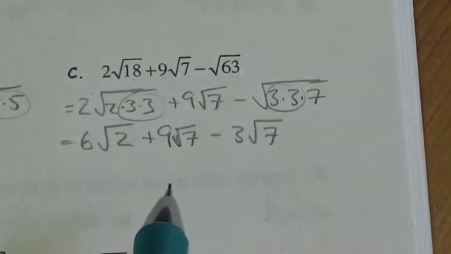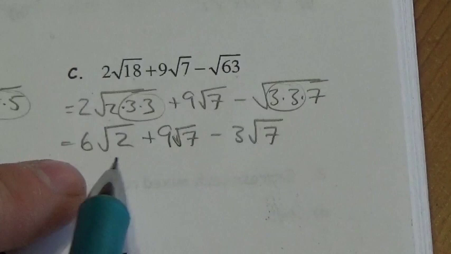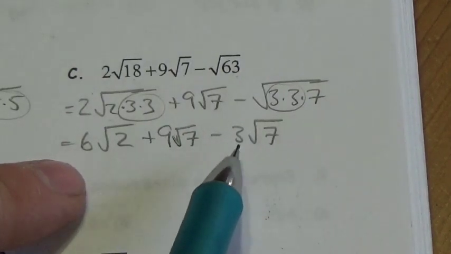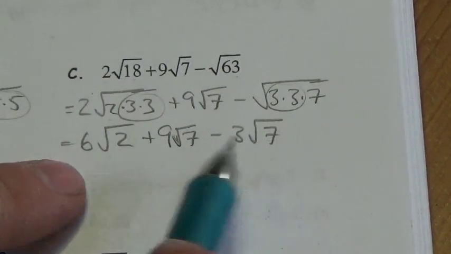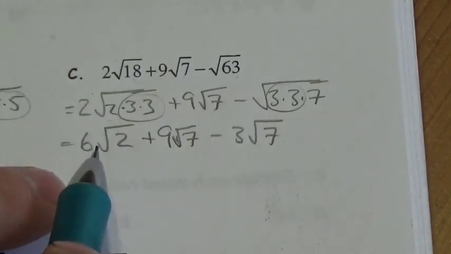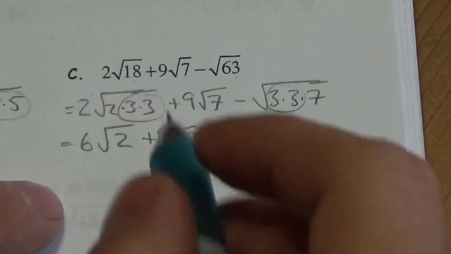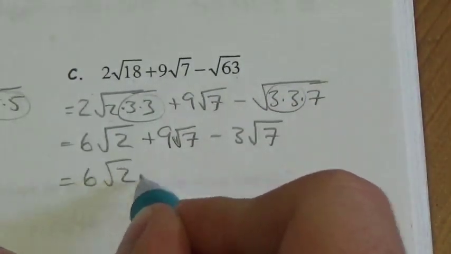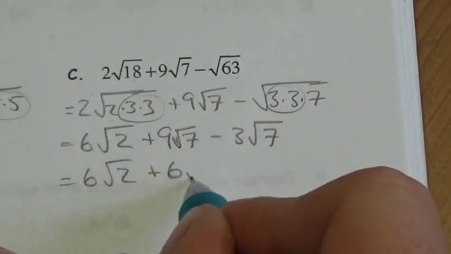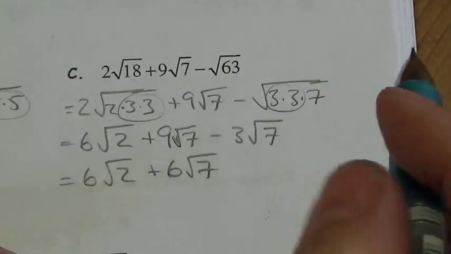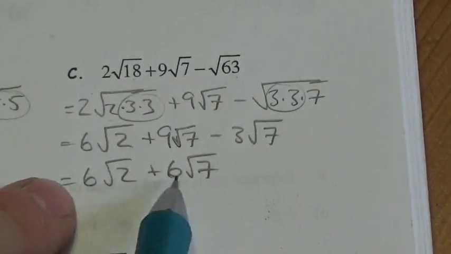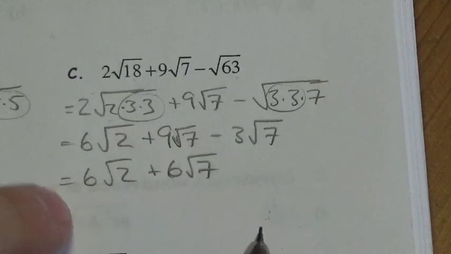So look what this is saying. 6 root 2's plus 9 root 7's minus 3 root 7's. Well, this one really does stand alone here. So 9 root 7's minus 3 root 7's. Let's just deal with that first. That's going to be 6 root 7's. Now you might look at this and say, well, wait a minute, there's a 6, they're related because the 6 is there.